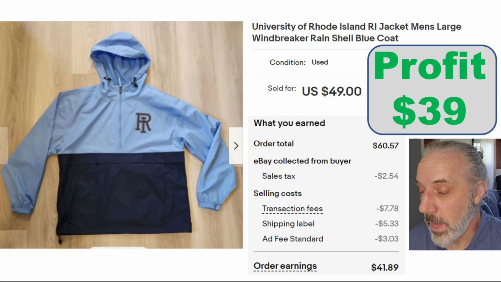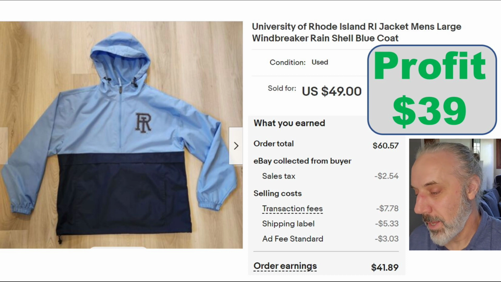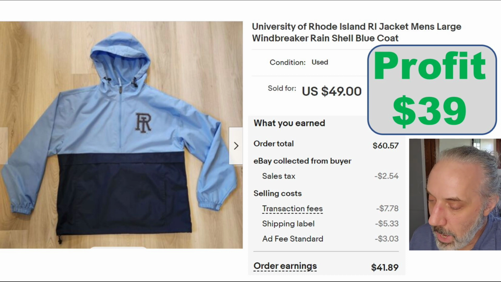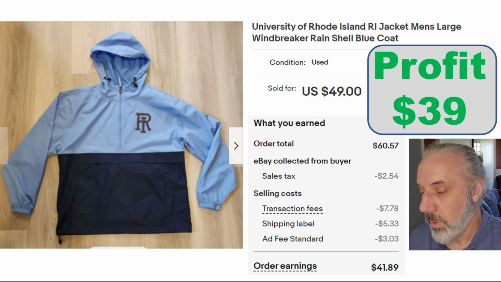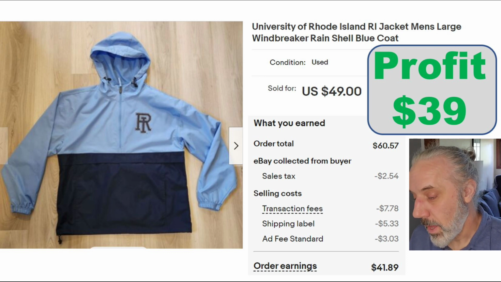This item is a really good find as well. University of Rhode Island. When I first saw this, I had no idea. I had to search the logo, and I discovered it was for the University of Rhode Island. It's a men's windbreaker, rain shell. I used all those keywords, rain shell. I didn't use golf jacket, which would have been a good one as well.